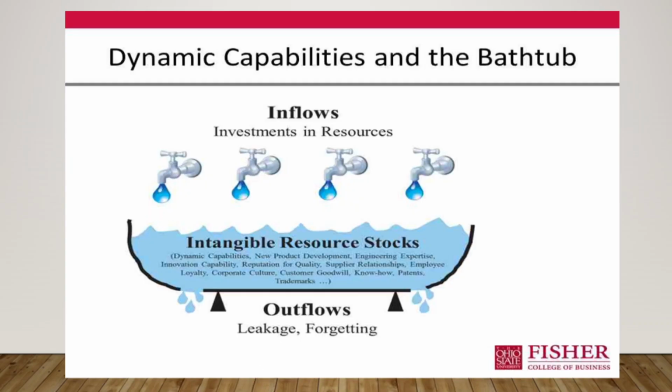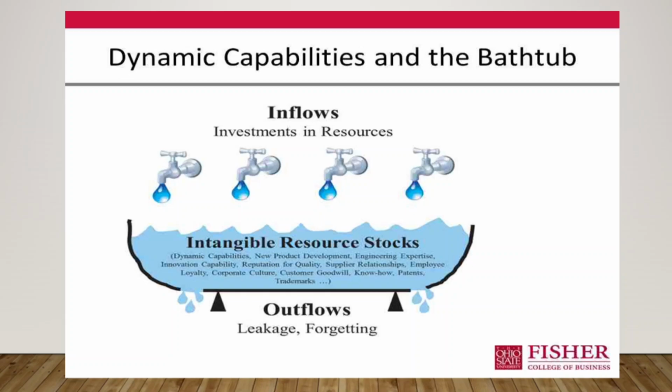can be seen dito sa illustration na to. Okay? Mas maiintindihan nyo siya using this dynamic capabilities and the bathtub. So, parang, yung dynamic capabilities, kinompare niya doon sa bathtub na merong lamang tubig. Okay?